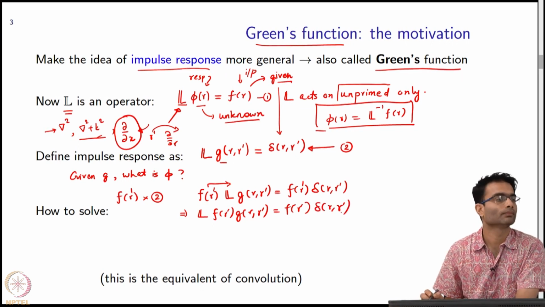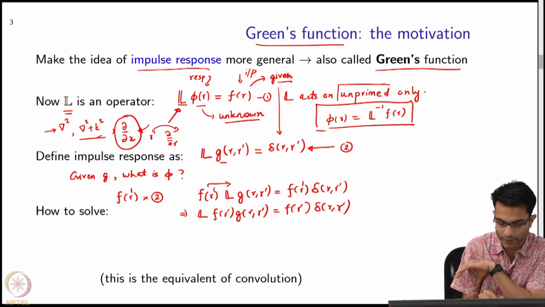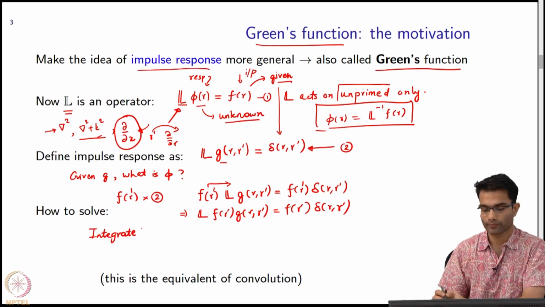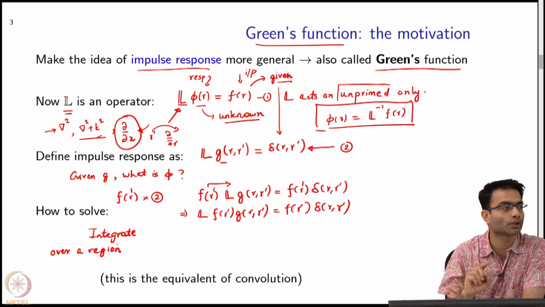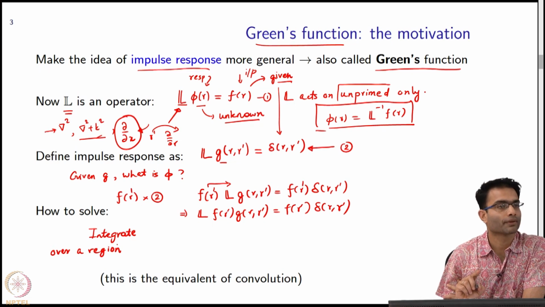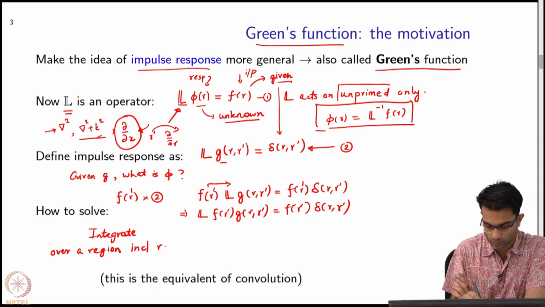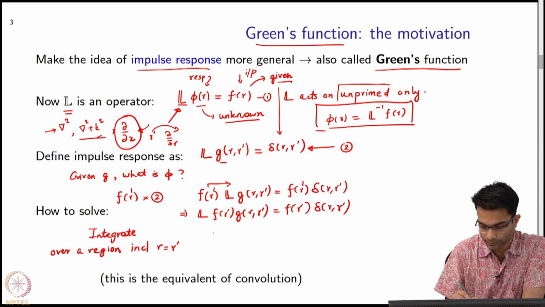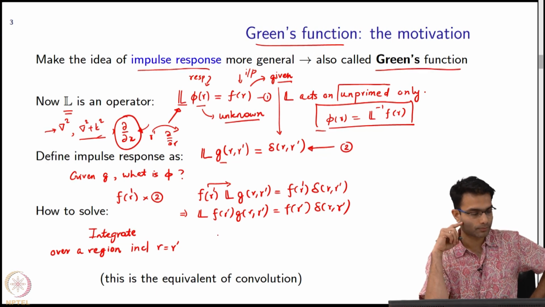And now, as has already been suggested, I integrate. If I integrate over a region, what is important over here? I should include what point? r equal to r prime. Otherwise, I am integrating 0 on the right hand side. And I am integrating over which coordinates? Primed or unprimed?